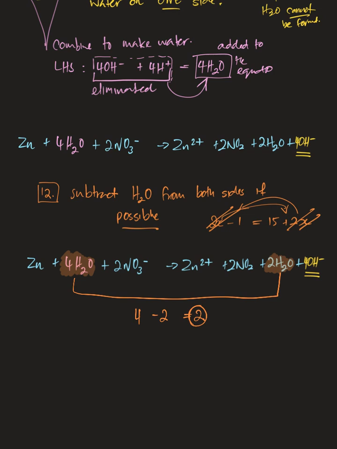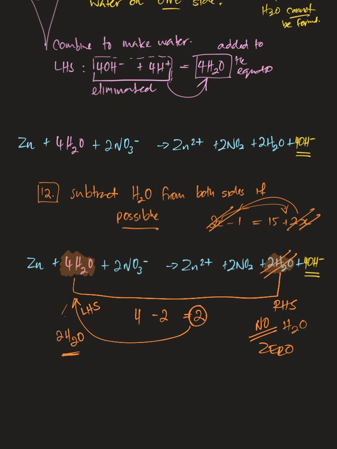On the left-hand side, I'm going to be left with 2H2O. And on the right-hand side, I'm going to be left with no H2O. It's going to be 0, because the 4 from the left-hand side cancelled out the 2. So that's not going to even exist anymore. So I've got 0 on this side and 2H2O on the other side.